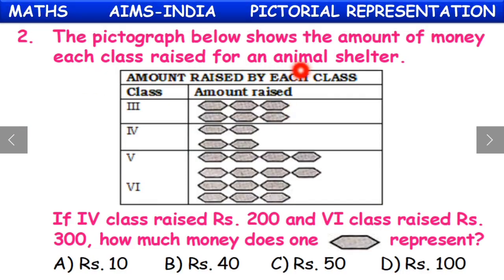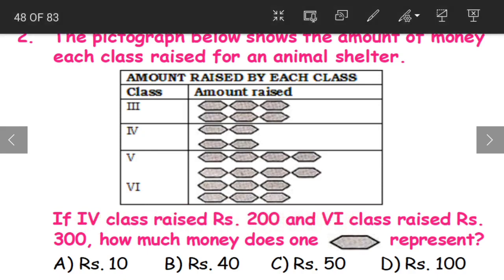The pictograph below shows the amount of money each class raised for an animal shelter. Now if 4th class raised 200 rupees and 6th class raised 300 rupees, how much money does one, let us call it as a block, okay, does one block represent?